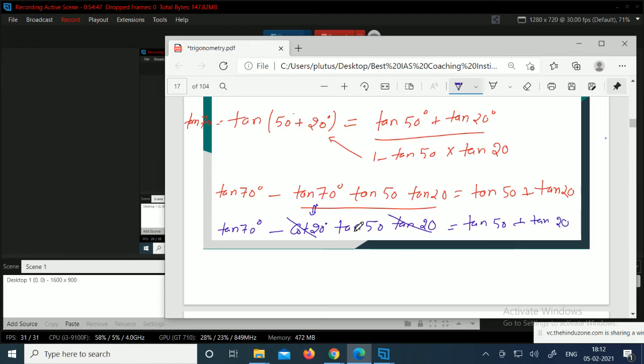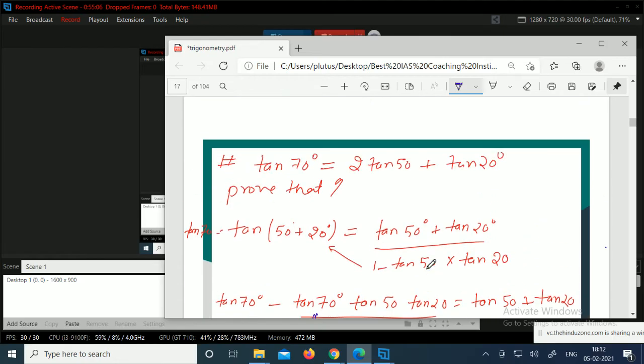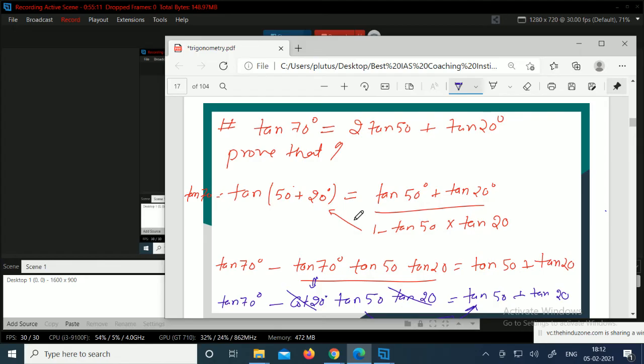So if I pass this value to this side, then sin 70 equals twice of sin 50 plus sin 20, isn't it? Basically you have to pay attention to the kind of variation used in the question. To proceed with this kind of question, we have to identify the fractions, how the values break into.